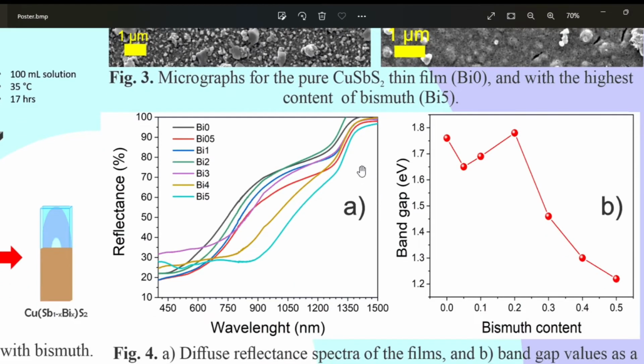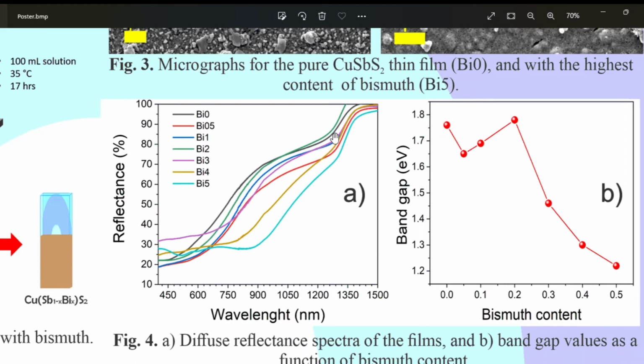Diffuse reflectance spectroscopy shows that all the samples present great absorption in the visible region of the electromagnetic spectrum. From this information and using the Kubelka-Munk formalism, we calculate the band gap for each of the samples. The trend is for a decrease in the band gap as the amount of bismuth increases.